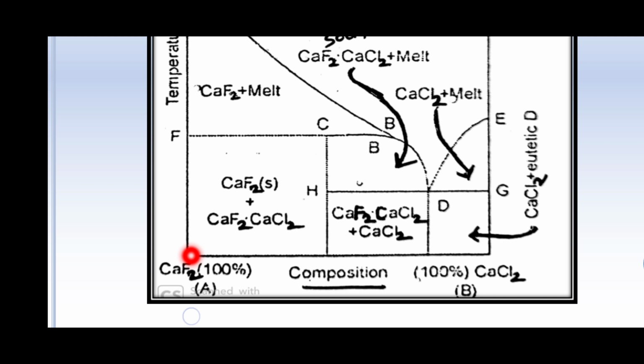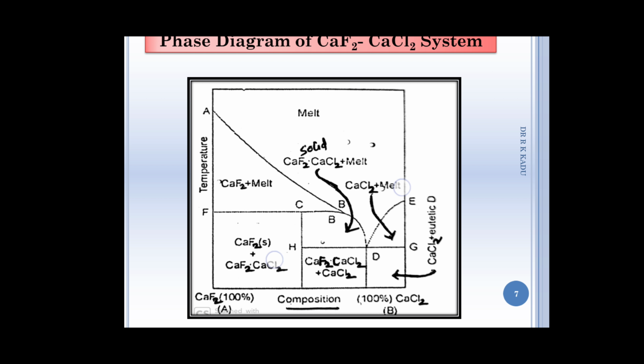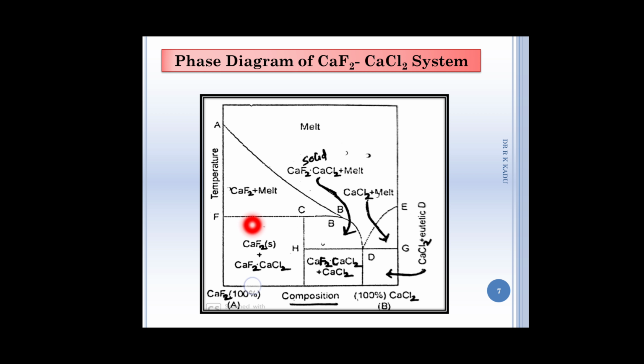At this point 100% CaF2 is present, and at this point 100% CaCl2 is present. So this line is showing the various compositions of these two compounds in percentage, while this line is showing the temperature parameter.